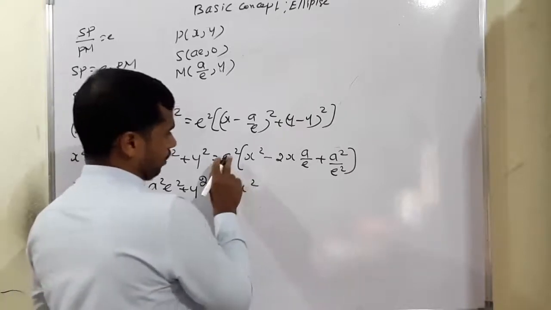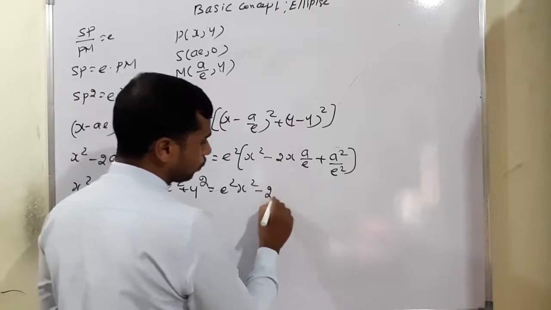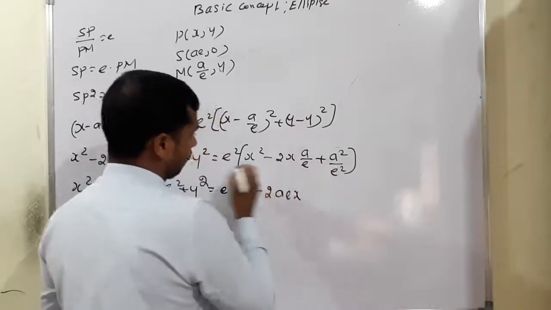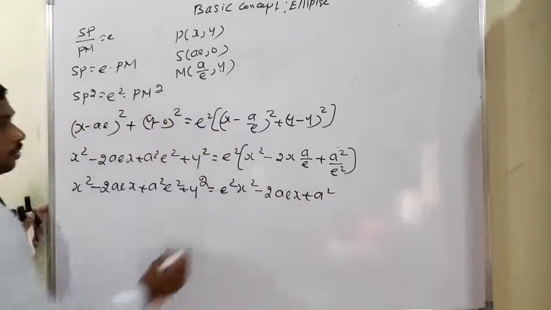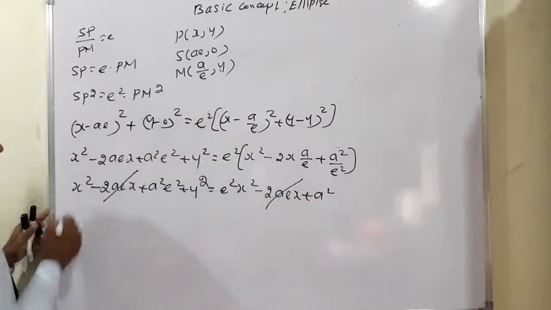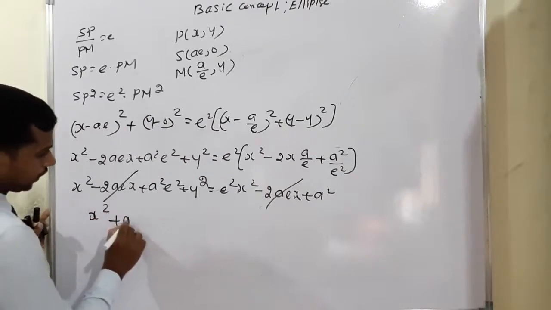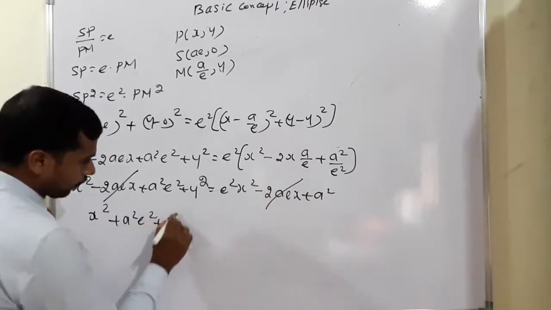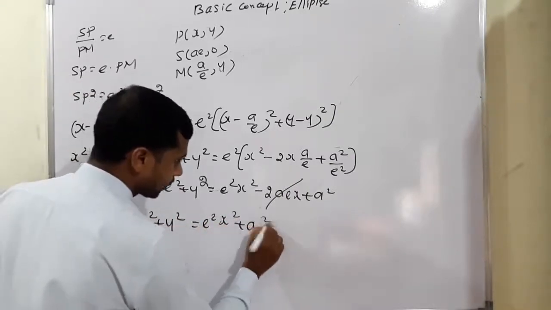Then second term E square cancels, only negative 2AEx. Next term E square cancels, only A square will come. So minus 2AEx, minus 2AEx cancel, remaining x square plus A square E square plus y square is equal to E square x square plus A square.